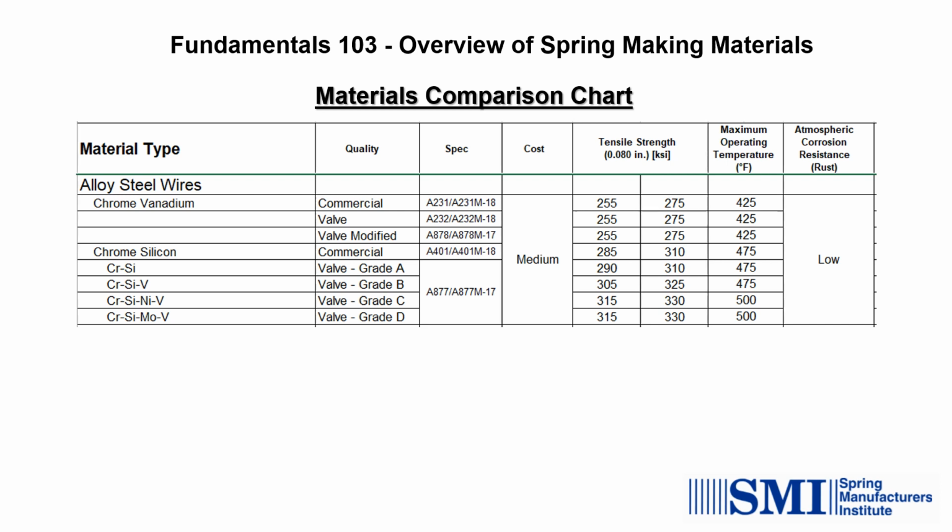This chart is for alloy steel wires. Materials are shown by the same categories.